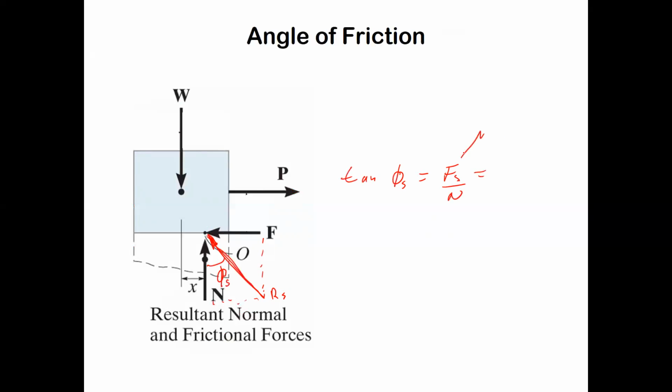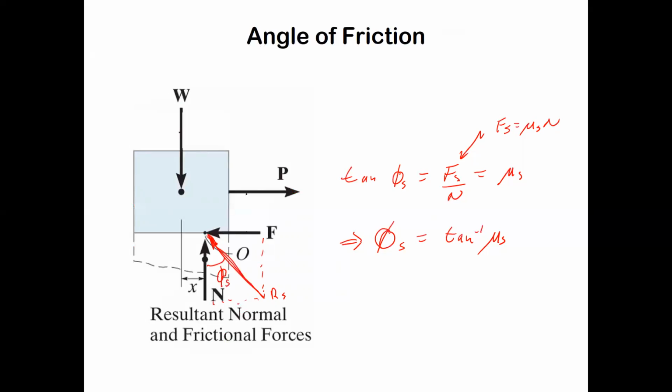The tangent of that angle phi sub S is going to be the ratio of Fs over N. But Fs is mu S times N, so that's just mu S. So the tangent of that angle is mu S, which means the angle itself is the arctangent of mu S. This is significant because you can experimentally determine the static friction coefficient by putting a box or whatever material you want on a ramp and just keep increasing the angle until it starts to slide.